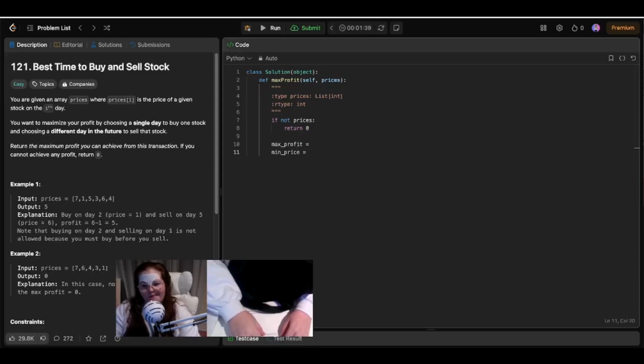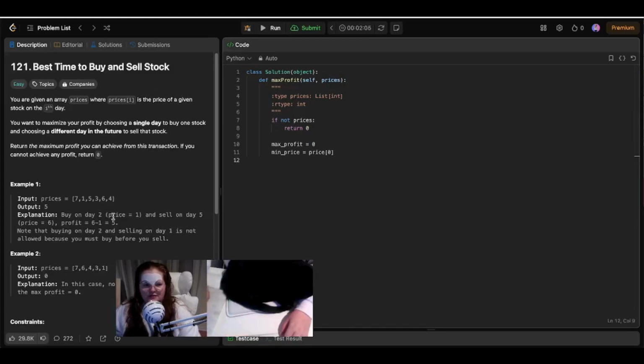So, I'm trying to think. I want this to start here, and I want this to be prices[0], and then maximize the profit by choosing a single day to buy one stock and choosing a different day in the future to sell.